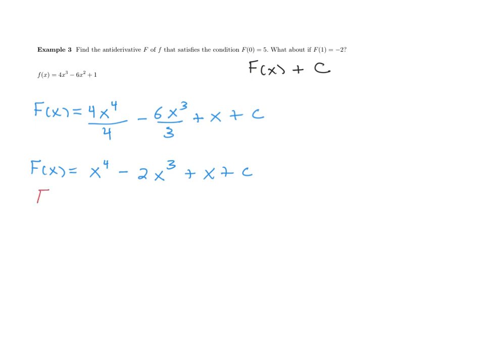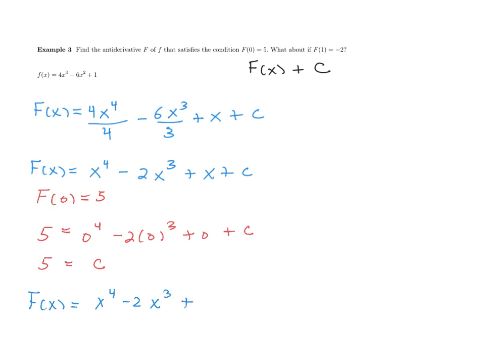Just to check that, this statement means 5 is equal to 0 to the 4th minus 2 times 0 cubed plus 0 plus c. On the left, we get 5. On the right, that simplifies to c. And therefore, the answer we're looking for is capital F of x is equal to x to the fourth minus 2x cubed plus x plus 5.